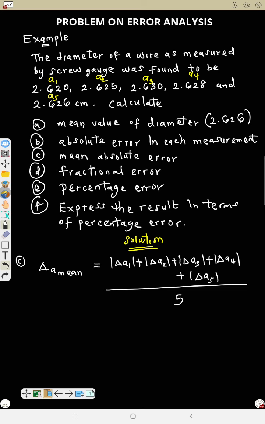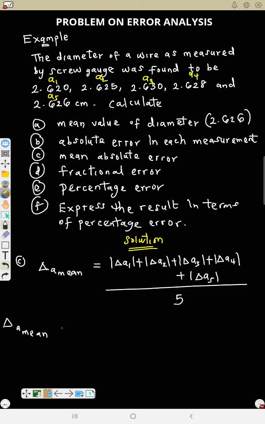In this case, we know all our values of delta A1 to delta A5. So we'll add everything and take the magnitude, meaning the negative will change to positive.